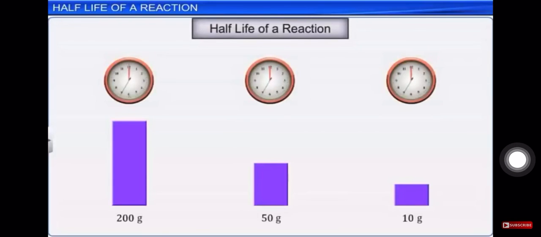So now moving to our next topic, that is half-life of reaction. In the last session we have seen how we derive the equation of zero order reaction and first order reaction.